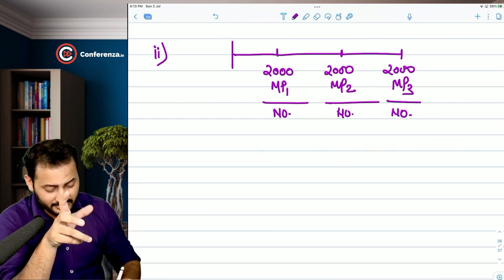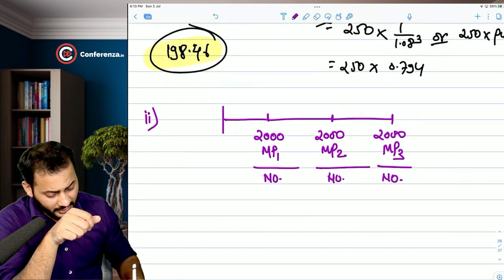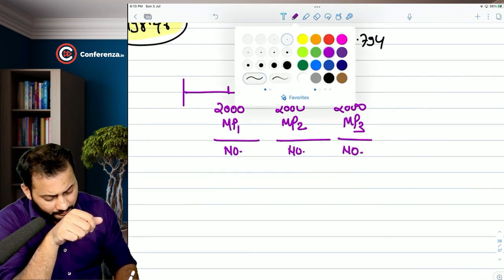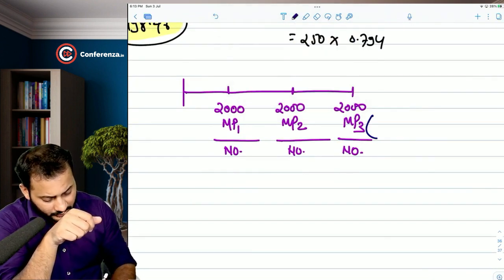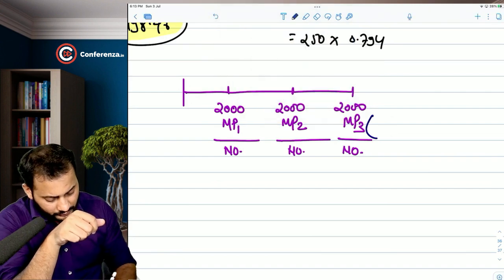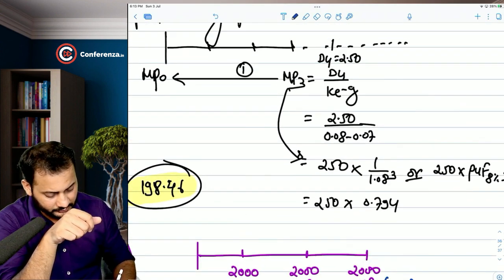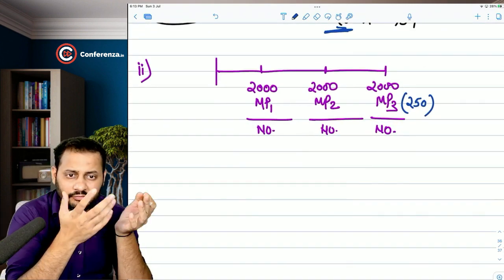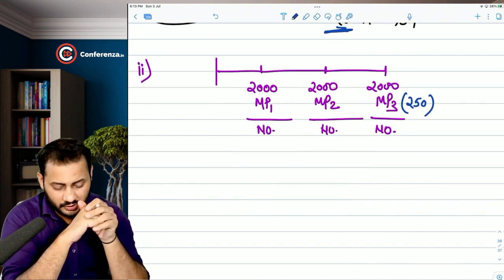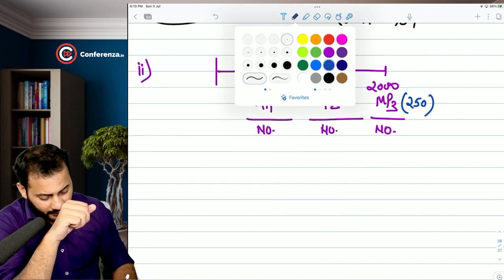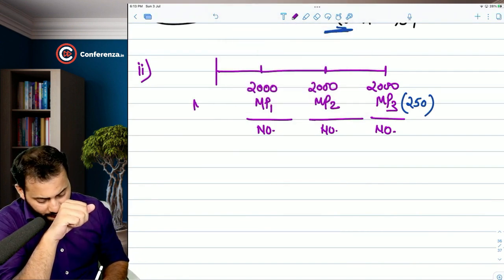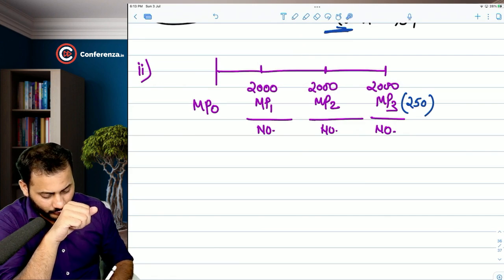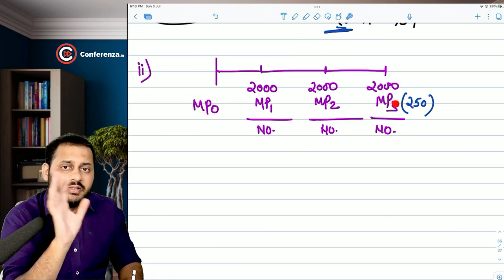Now you will understand one thing, that we have already calculated MP3, which comes to 250. This is the figure, MP3 250. So one figure is ready with us. Now tell me one thing. In the previous part, you calculated MP0 with the help of MP3.